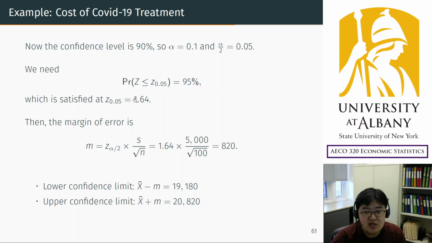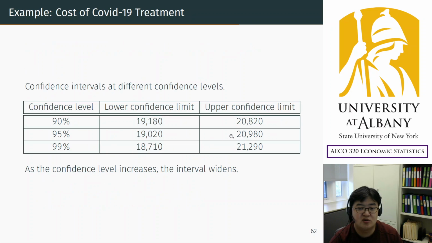Then using 1.64, everything else is the same. Plug in 1.64 here, and 5,000 over square root of 100 the same. Then the margin of error is only 820. So the lower limit becomes 19 something and the upper limit becomes 20 something. Simple, right? I believe it must be easy to apply.